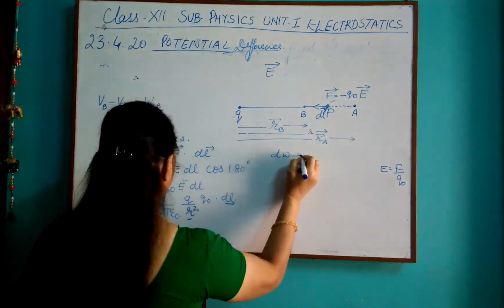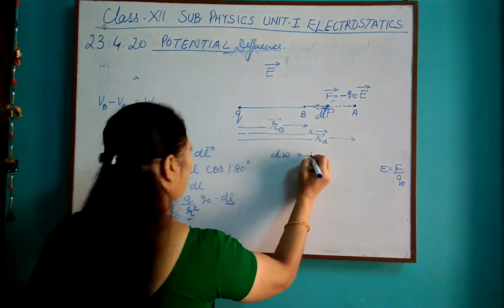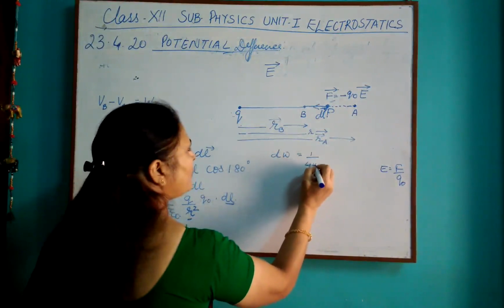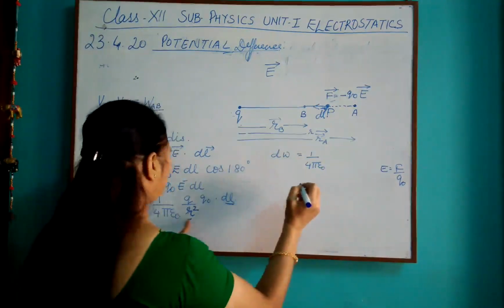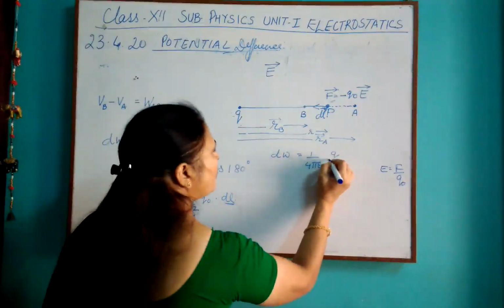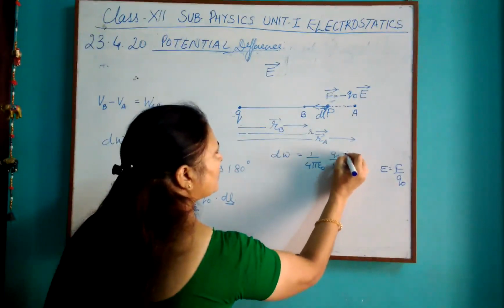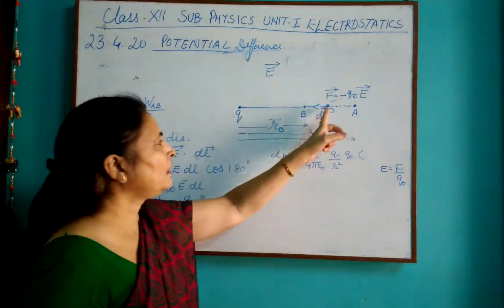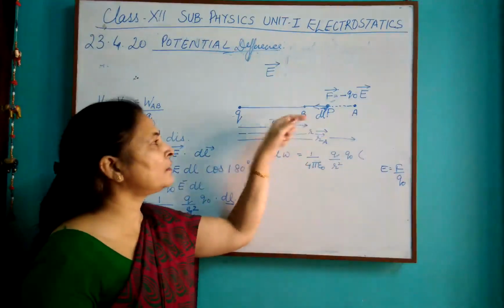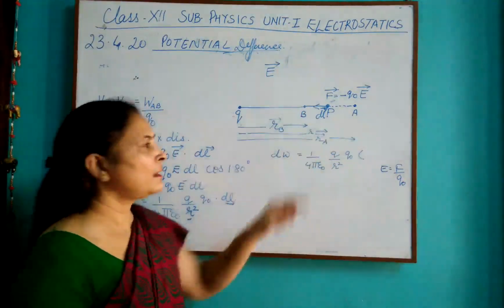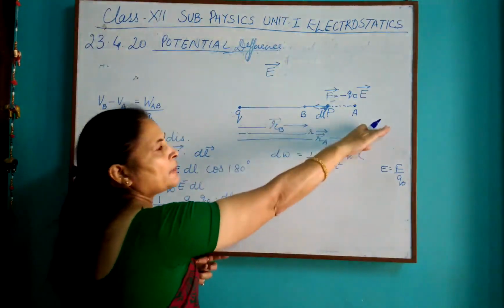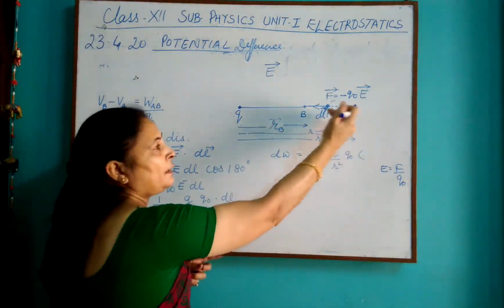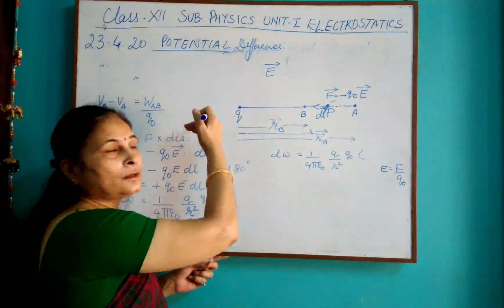dW is equals to 1 upon 4 pi epsilon naught Q upon R square Q naught. And now see, dl is having direction against R. R is increasing in this manner. dl is increasing in this manner.